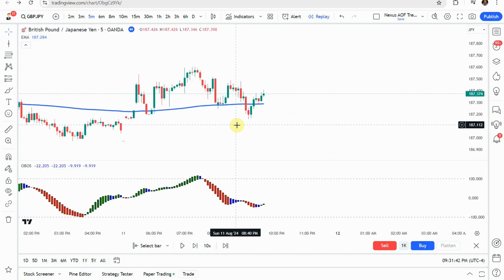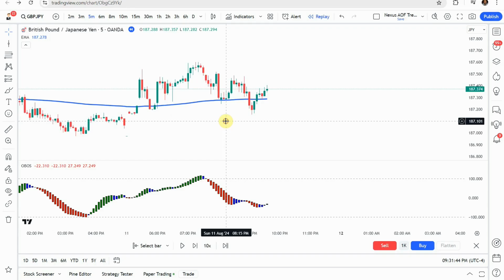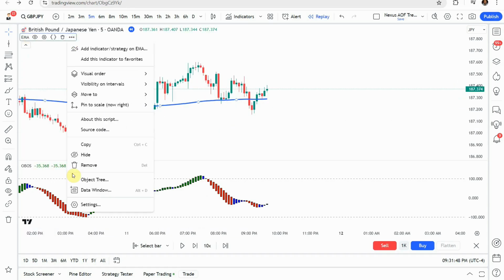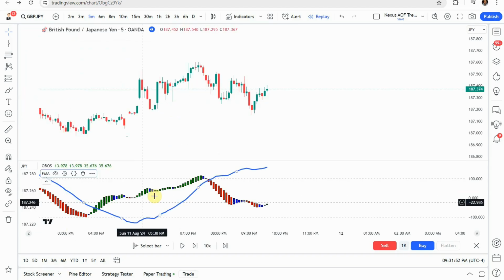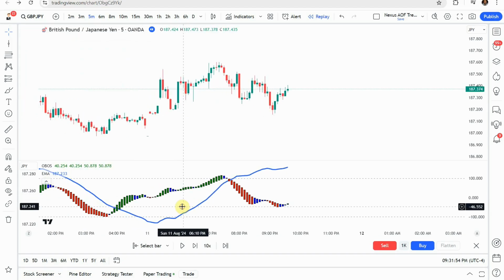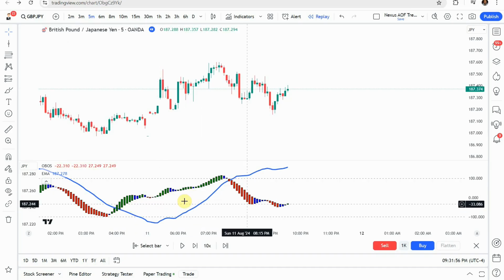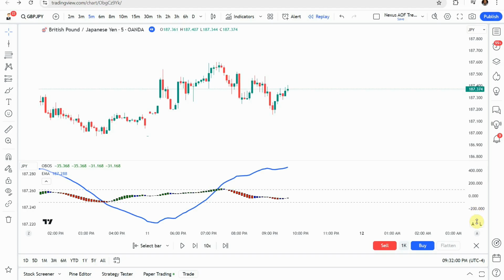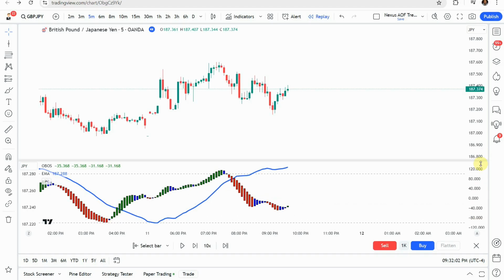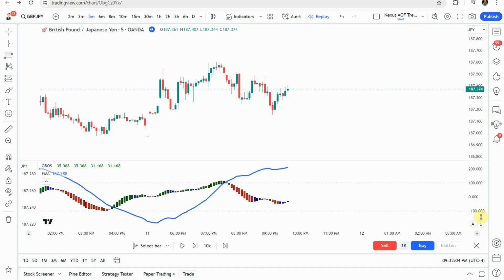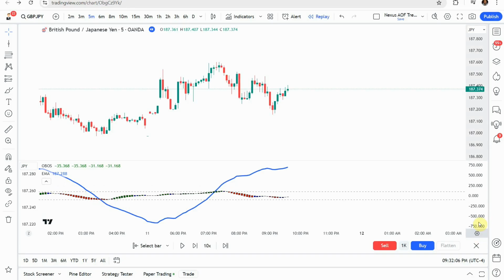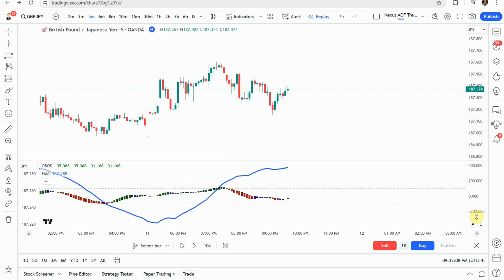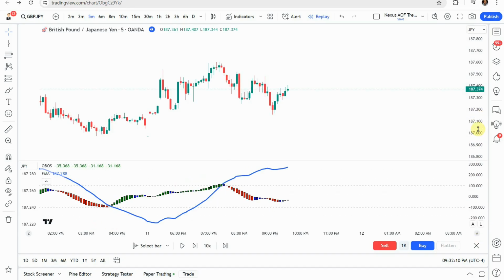And so in the original video, the source video, the creator showed moving the moving average down to the OBOS indicator like this here. Now there's an issue with that, and that is if you scroll this indicator up and down using the scale on the side, you can see that the moving average doesn't follow.